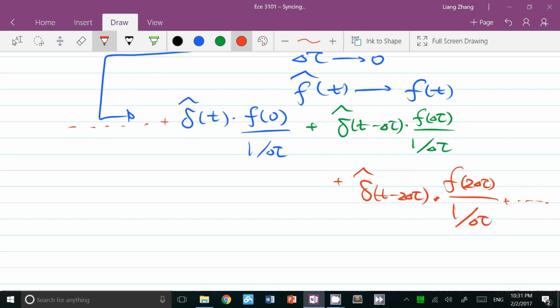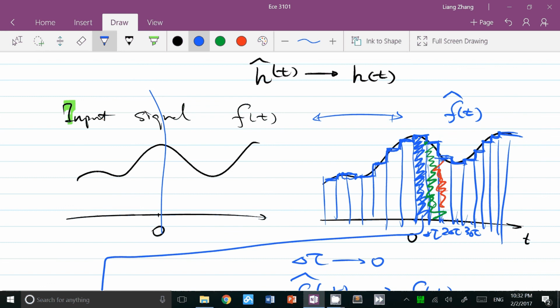And if you add everything together, this is going to be equal to f hat of t, because this entire staircase is simply the summation of all these thin rectangles. And if I figure out one of the rectangles, I can figure out all of them.